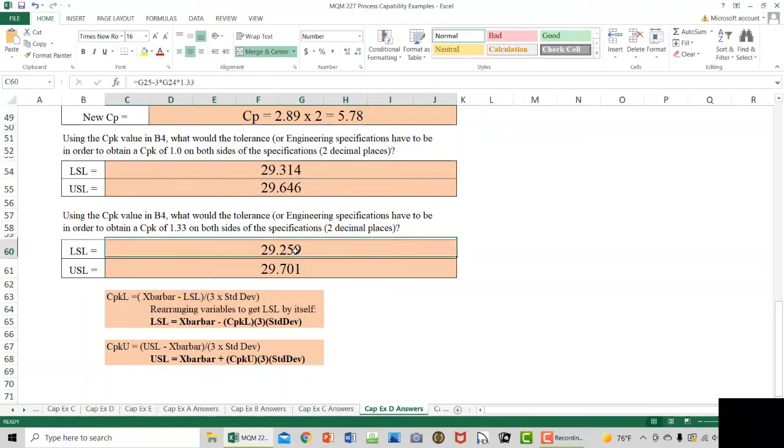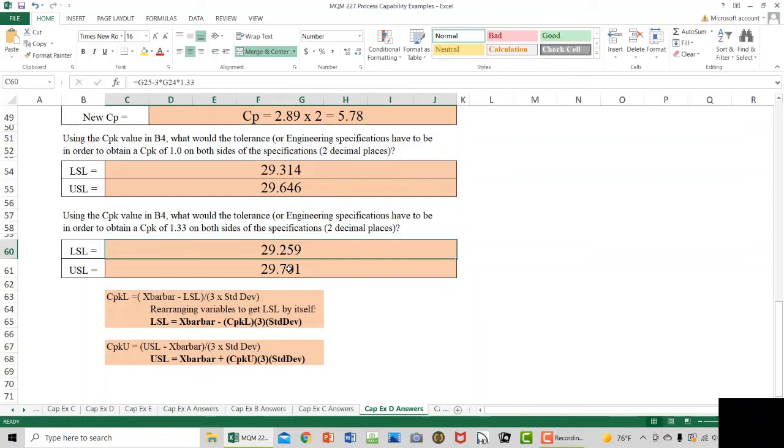And in a similar vein, what happens if we wanted to have a CPK of 1.33? Well, we would just plug in x bar minus 1.33 times 3 times standard deviation, as well as x bar plus 1.33 times 3 times standard deviation.